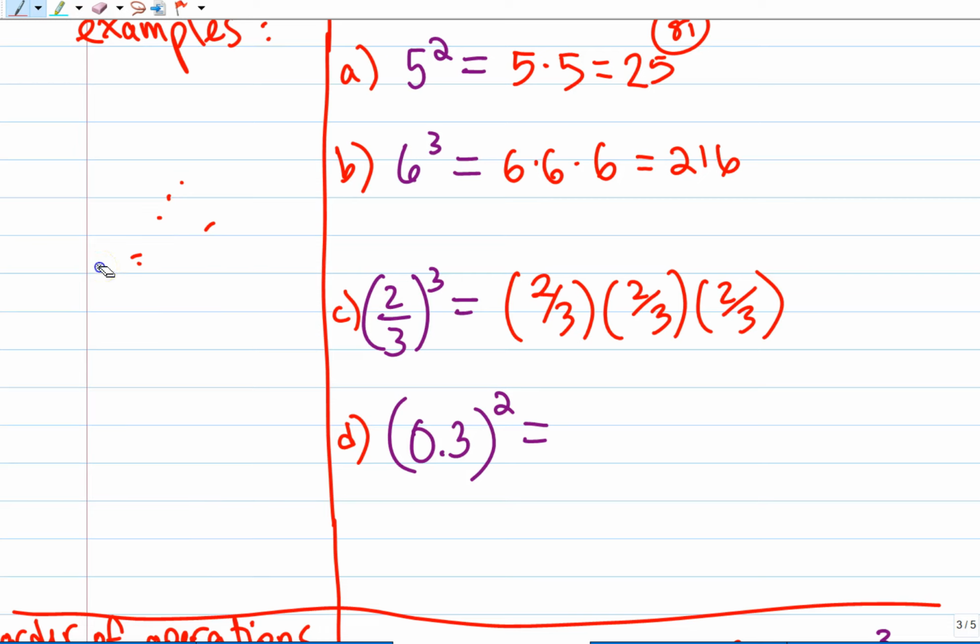How do we multiply fractions? We multiply fractions straight across.